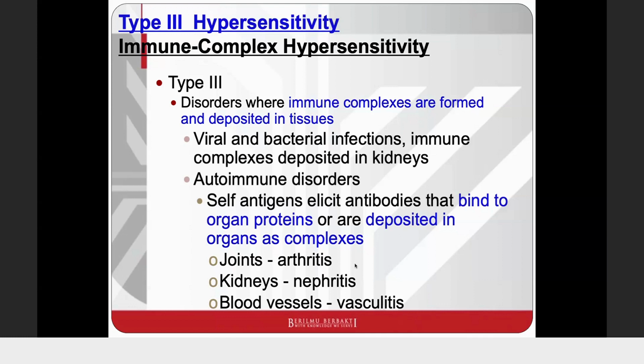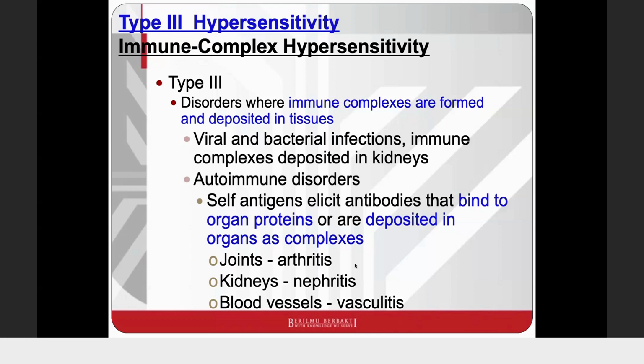In some cases, there are also self-antigens that cause the antibodies to bind to these self-antigens. This is particularly true for autoimmune disorders. I will talk about it more in autoimmune diseases, but I would like to mention that there is some overlap between hypersensitivity reactions and autoimmune disorders.